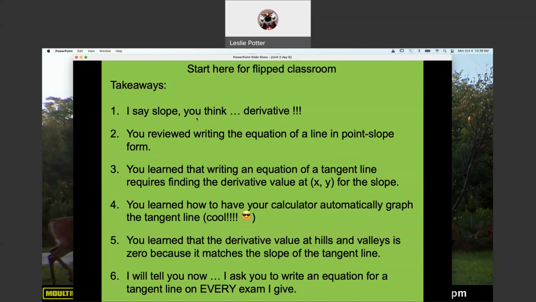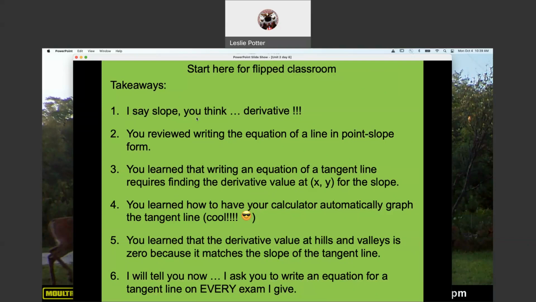Now I really mean it. I know I said it for the first unit, but I forgot to change the test. This is really true now: I'm going to ask you to write the equation of a tangent line on every exam I give. Most often just on the no calculator part, but sometimes it shows up on each part, either in a multiple choice or part of a free response. That anchor chart will always be available to you, so don't forget you have that resource.